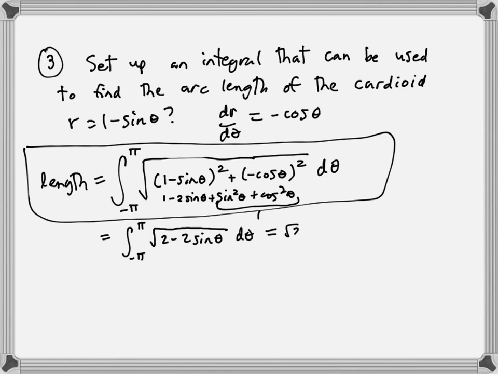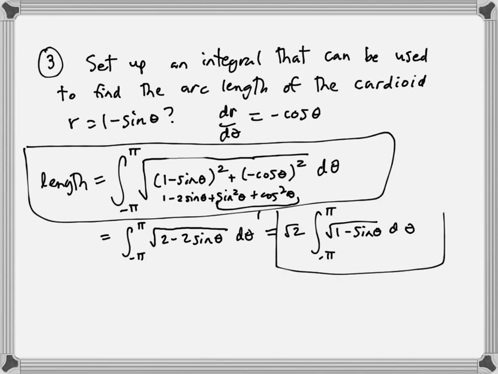Or if we take out the root 2, I'm going from negative pi to pi of the square root of 1 minus sine theta d theta. I can't double and go from 0 to pi yet.